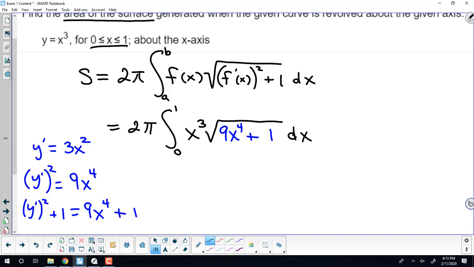So what do we do from here? Call u equal to 9x to the 4th plus 1. So u substitution. Again, the function under the radical has a constant times its derivative right here. So that's always a u substitution.